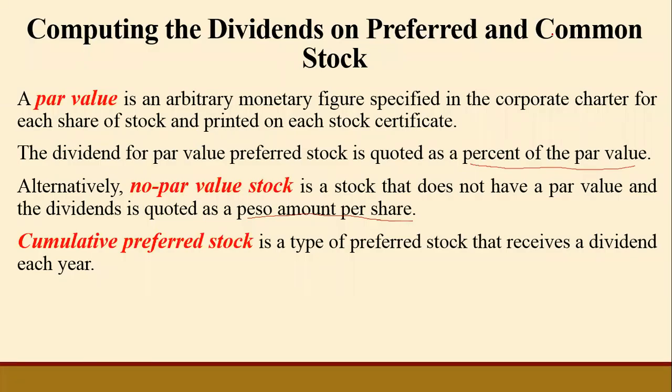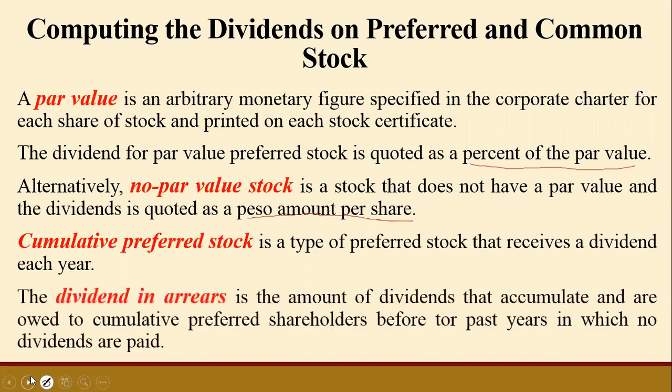The dividend in arrears is the amount of dividends that accumulate and are owed to cumulative preferred shareholders for past years in which no dividends were paid. So dividends in arrears are those that have been delayed.